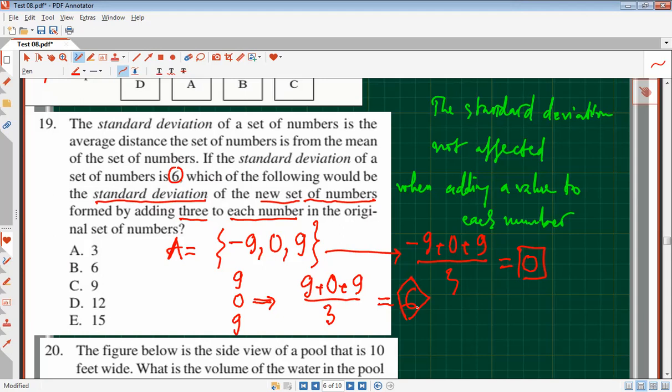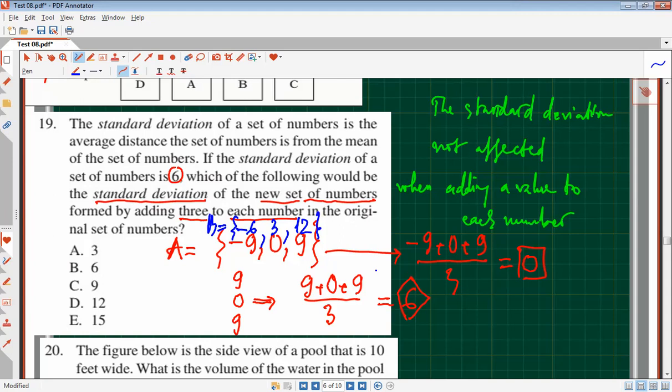Now we add 3 to each of the numbers. Use a different color. Add number 3. That gives -6, number 3, and 12. The new set consists of 3 numbers: -6, number 3, and number 12.